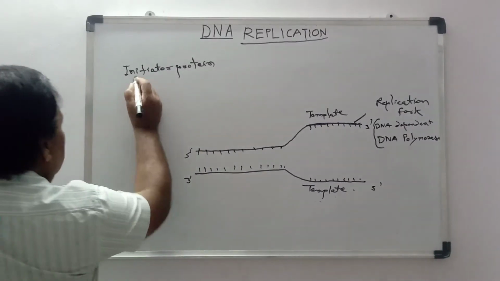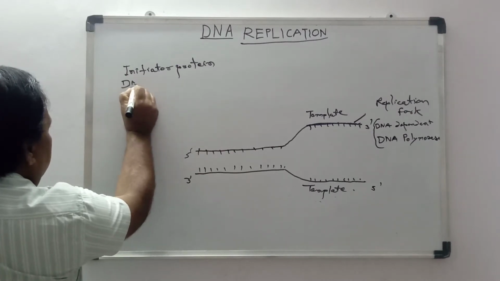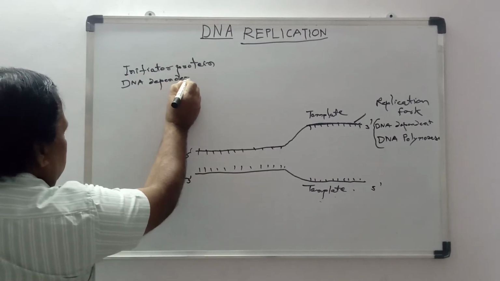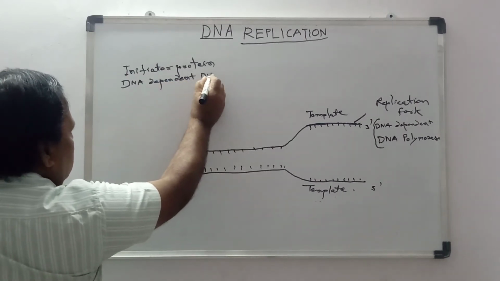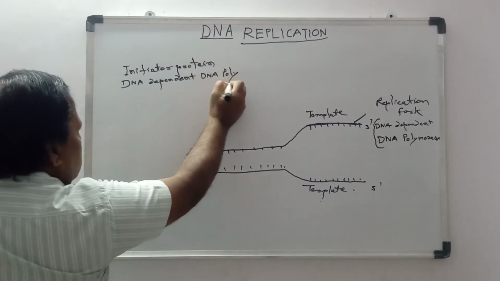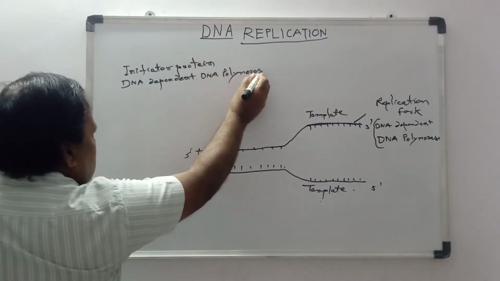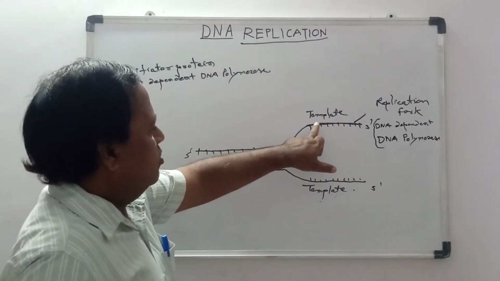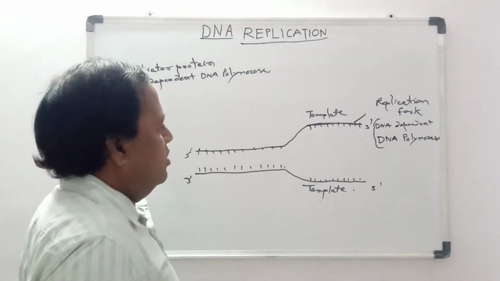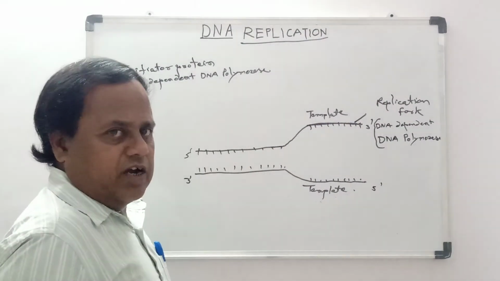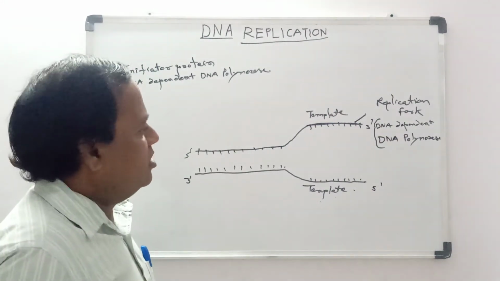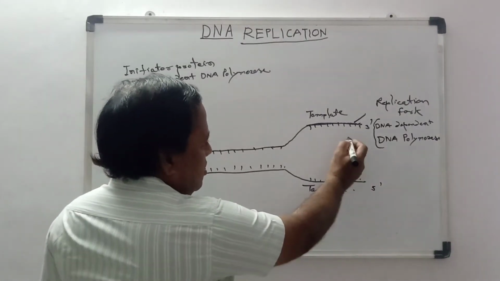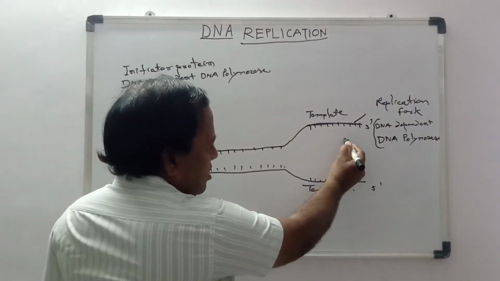So the second enzyme we need is DNA dependent DNA polymerase. Now this enzyme is ready to act on a single strand, but what does it need? It needs a primer to start the polymerization reaction. So we have to provide it with an RNA primer.